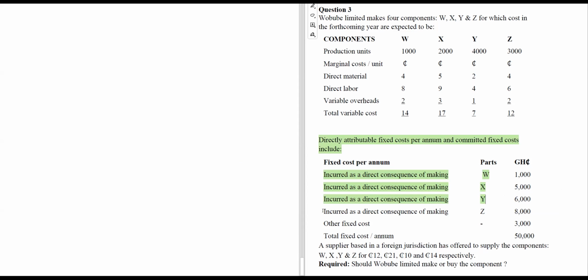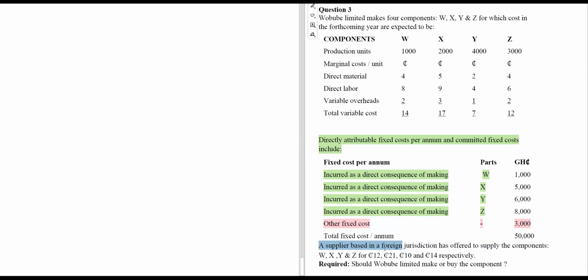Making Z, relevant. And other fixed costs which are not incurred in direct connection with any of them, irrelevant. It's a committed fixed cost, they told us. So I put it in a different color. And that's our total fixed cost.